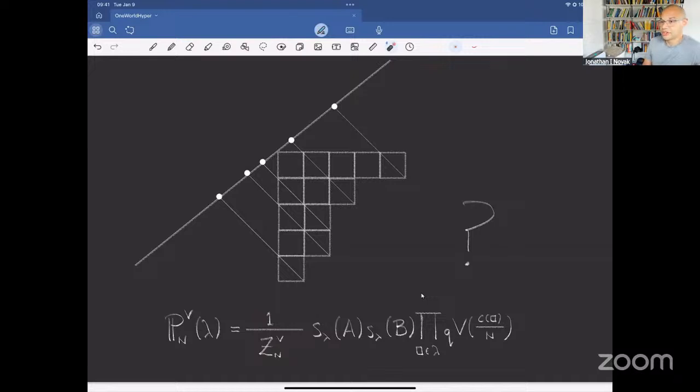And a very interesting question would be to do the same when you have this potential here, which is just some rational function evaluated on the normalized contents. Do you still have a determinantal point process? And if so, what is the kernel in terms of the parameters which define the potential? I strongly suspect that's a question that can be answered, but that's not the question that I want to answer.